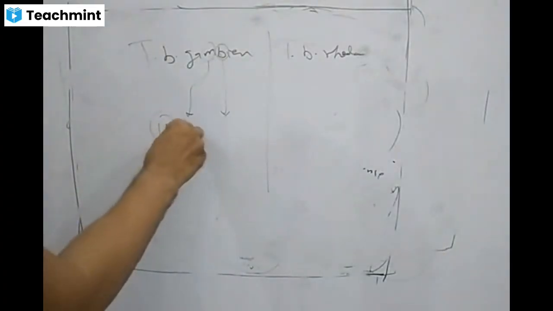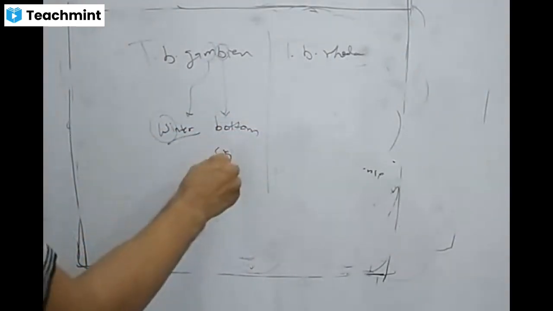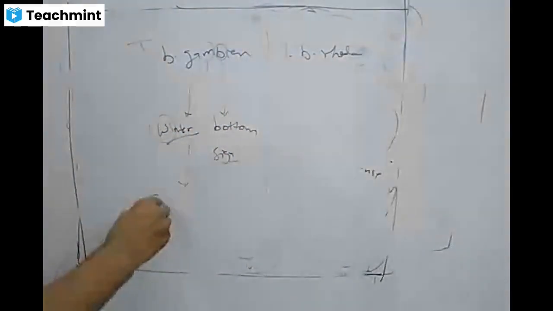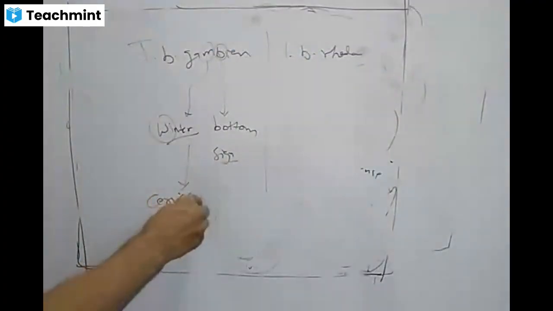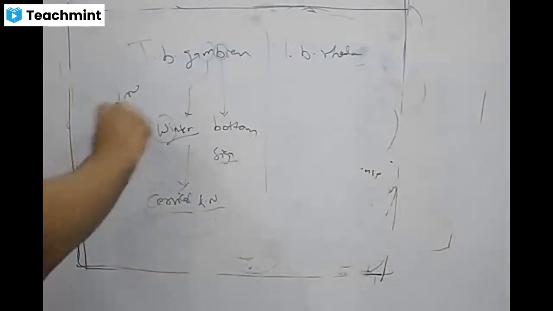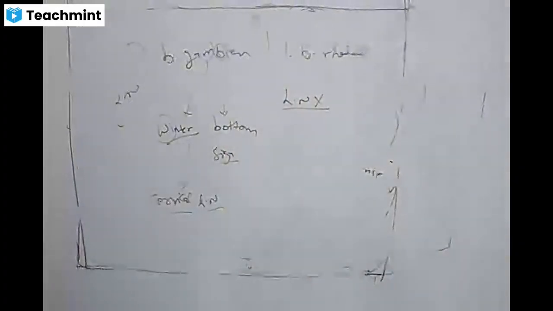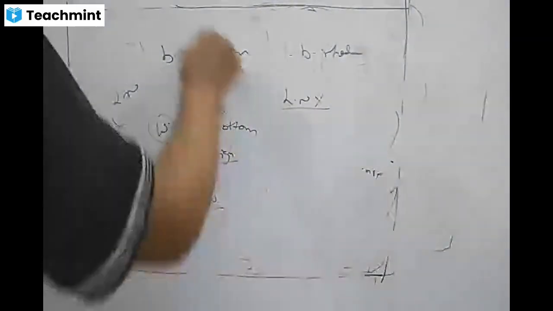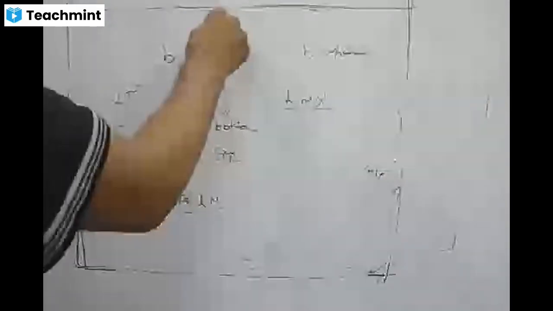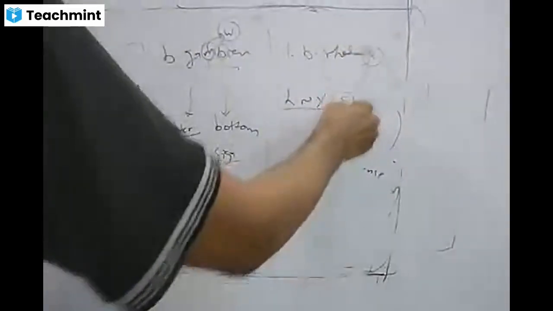Then we call it Winterbottom's sign, which is nothing but your cervical lymph node enlargement. So in this case, lymph node involvement is common, but in case of rhodesiense, lymph node involvement is not common. So these are two. This M means make it W, West African. Rhodesiense, E is there. This is East African.